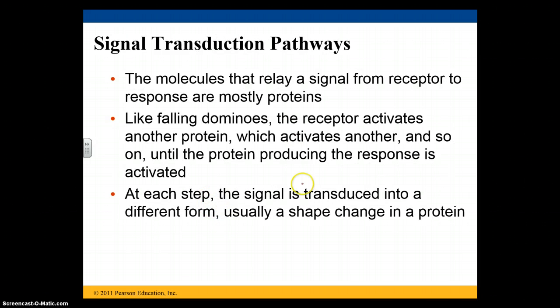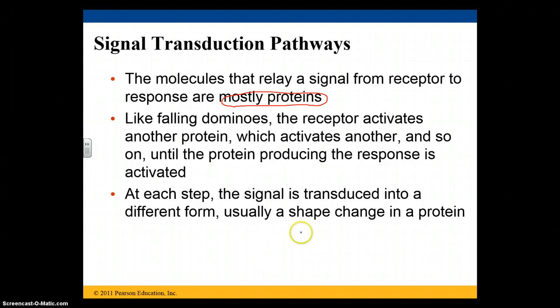The molecules that relay a signal from the receptor to the response are going to be mostly proteins. These proteins act like dominoes, so one receptor is going to activate another protein, which activates another protein, which activates another, until finally some type of response is produced.